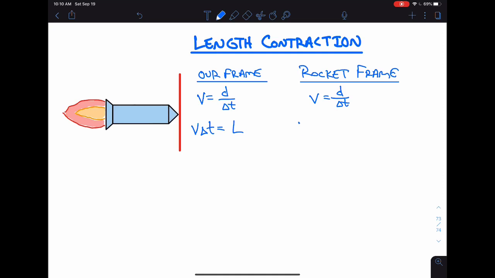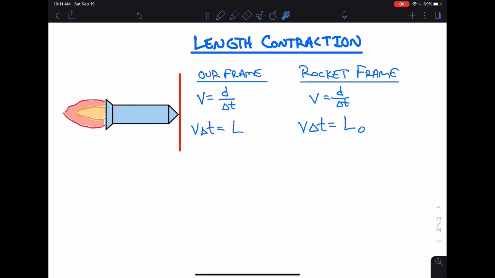And easy to solve, V delta T equals, now the difference here is this is the rest length, because it's going to travel the length of the rocket as viewed by somebody inside the rocket. Somebody inside the rocket will see the length of the rocket be the rest length. So these delta T's, hopefully it's pretty clear, are generally not the same.